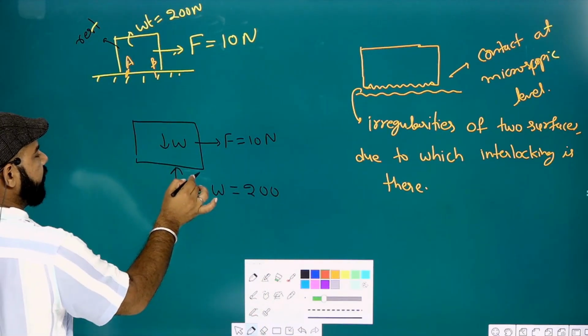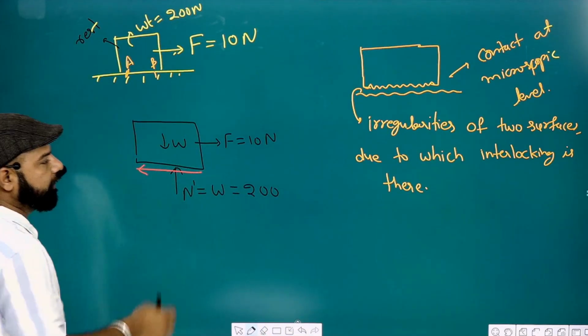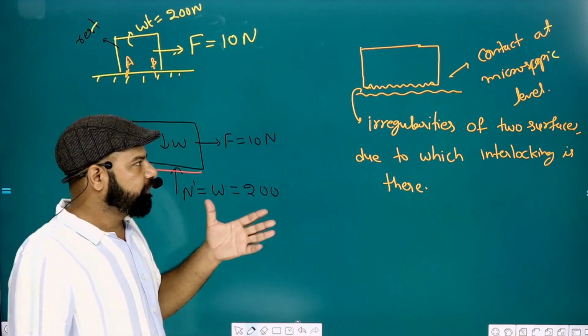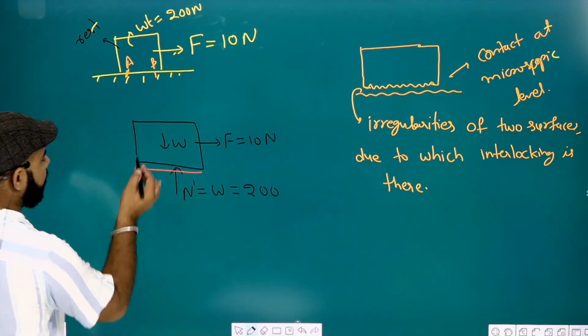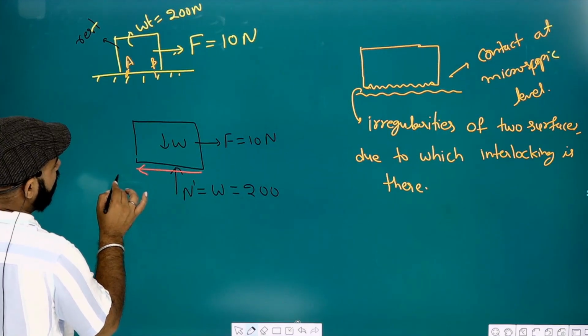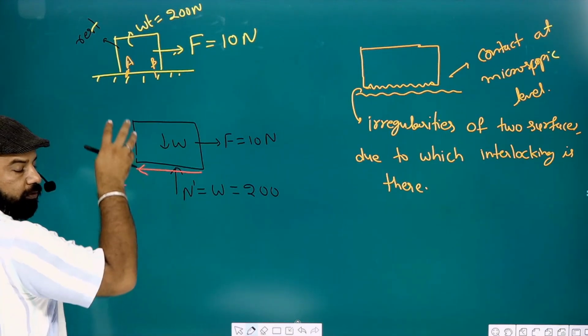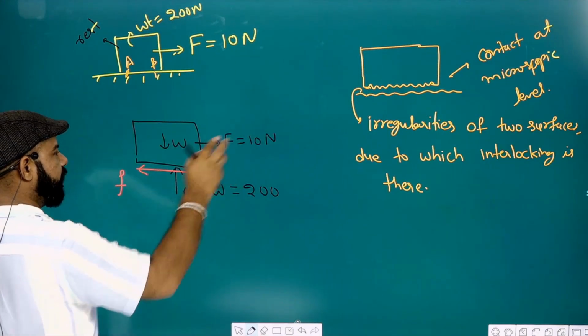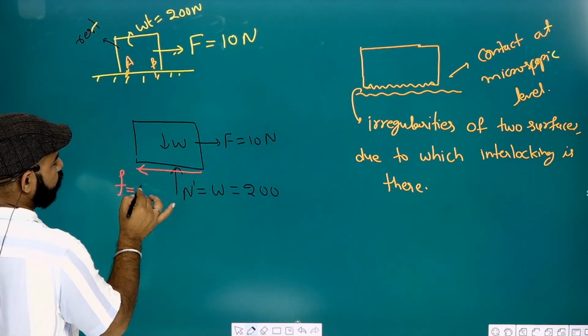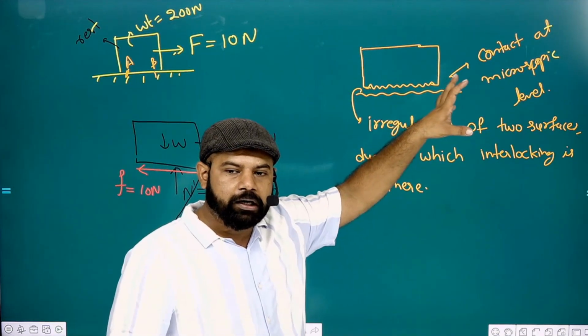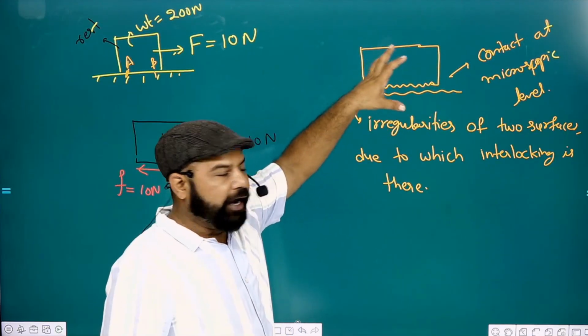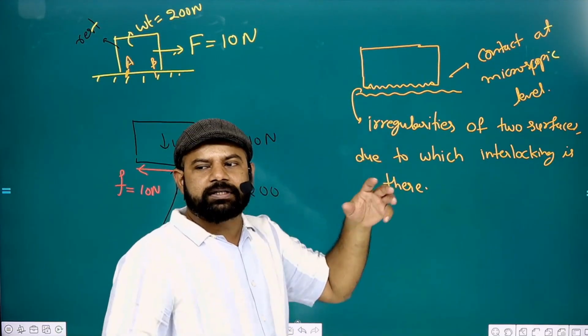So there will be a force which is parallel to this surface due to this interlocking. That resisting force, we are showing that force by say small f, right? So for net force to be 0 in forward direction, this force must be equal to 10 newtons. So this is the basic reason behind that resistance, that interlocking.